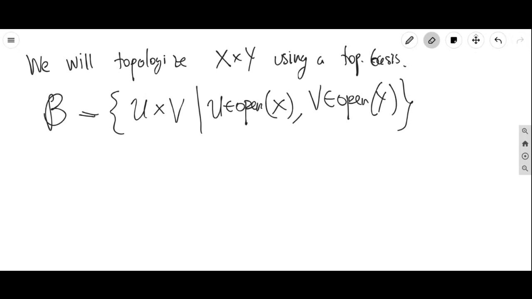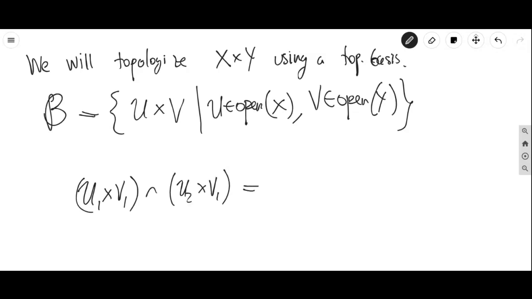So why is this a topological basis? Well, I do not want to check every single possible condition, but let me just show you the most important thing you have to check, which is the intersection criterion. What if you take U1 times V1, one basis element, and intersect it with another basis element, U2 times V2? If they have something in common, then the first coordinates U1 and U2 must have something in common, and the second coordinates V1 and V2 need to have something in common.